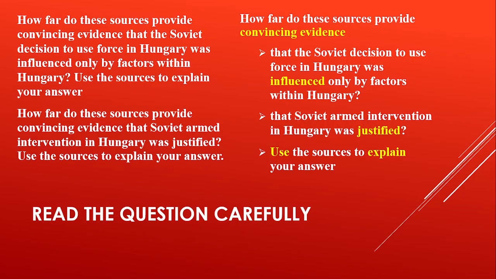So, you are going to use the sources to explain your judgments. Now, most of this is written into every question 6. Indeed, it's implicit in every source question. So you should be well practiced. But still, make sure you are focused. This is the last question on a 2-hour paper. Read the question carefully.